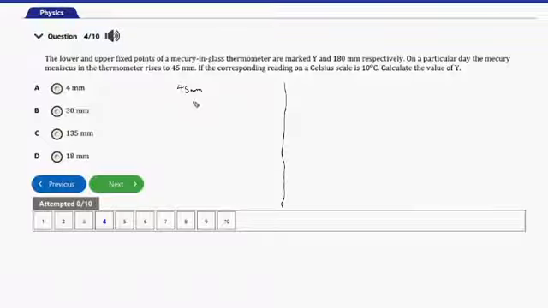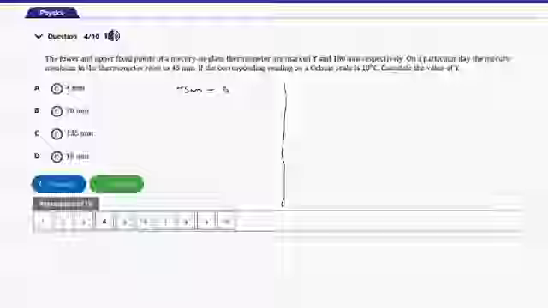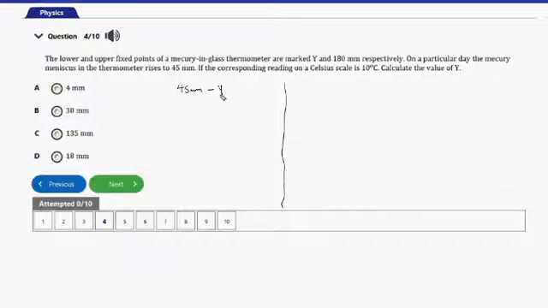So it means here that 45 minus the Y over 180 minus the Y will correspond to this 10 degrees Celsius minus 0 over 100 degrees Celsius minus 0. So guys, this means that 45 minus Y over 180 minus Y is equal to 10 over 100, which is actually 1 over 10.